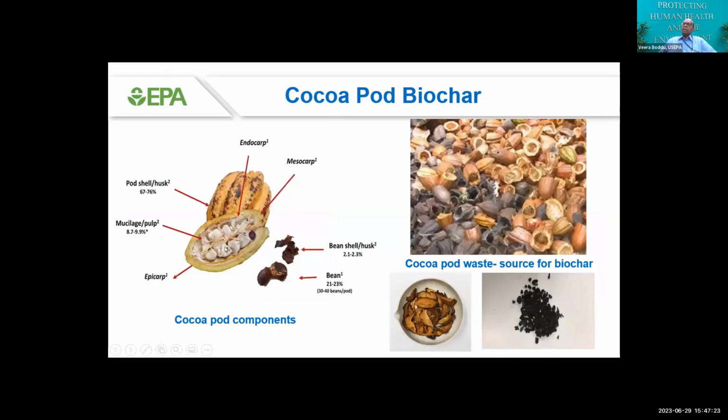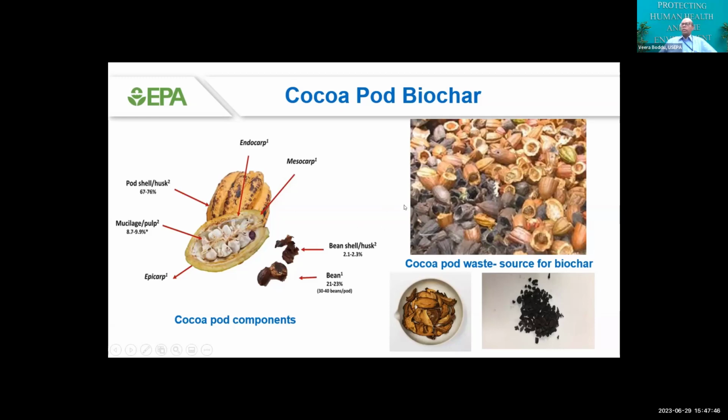A pod contains about 30 to 40 of these beans. I would like to point out that about 67 to 75% of the pod by weight is husk, and beans are about 20 to 23%. So there is a lot of waste.